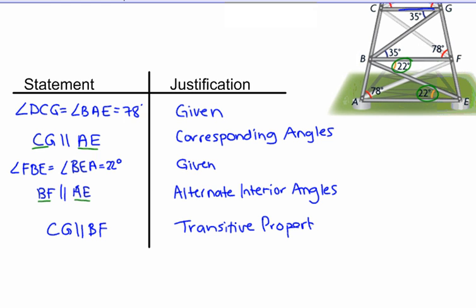There's more than one way to prove this, but this is just one way. We've finished our proof, and we've shown that CG is parallel to AE, which is parallel to BF. That's what we proved in our proof.